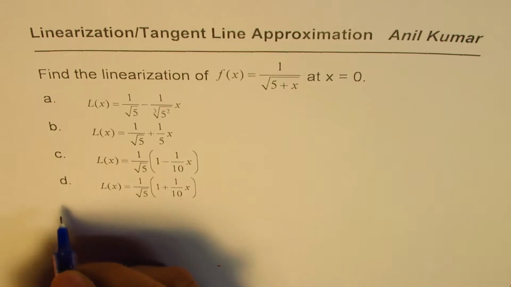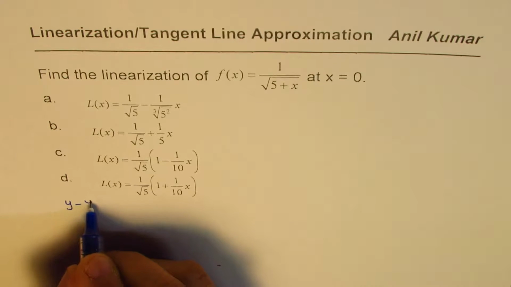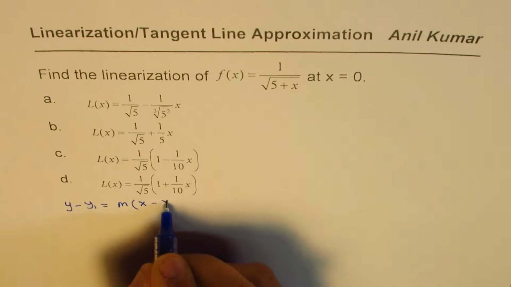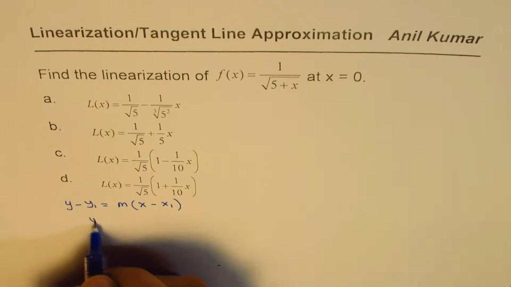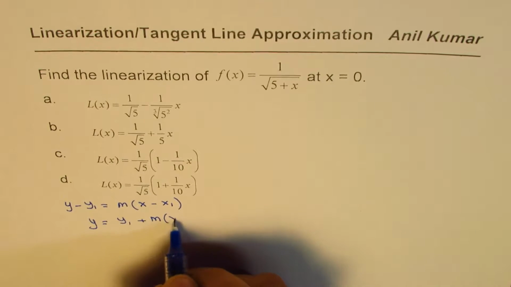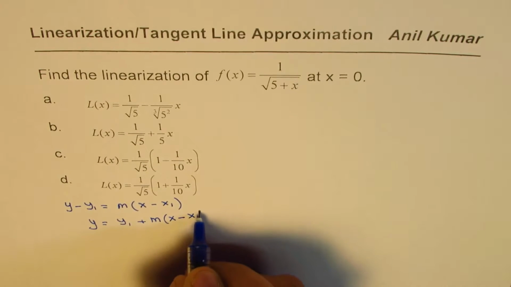We find the equation of the tangent line using the formula y minus y1 equals m times x minus x1. If you rearrange it, you get y equals y1 plus m times x minus x1.